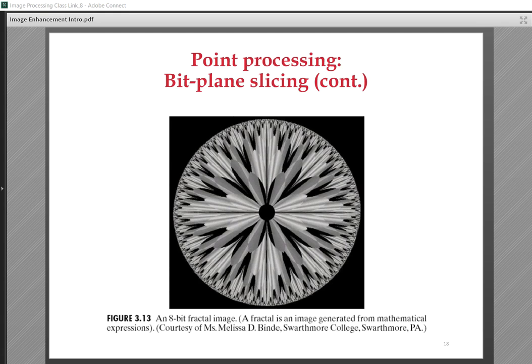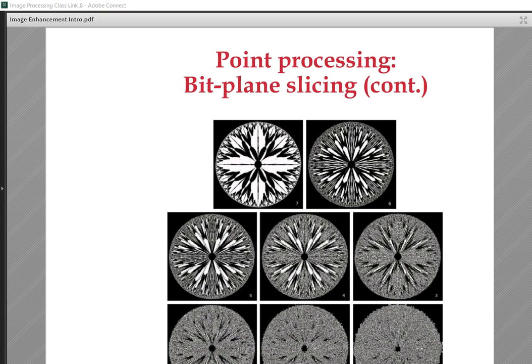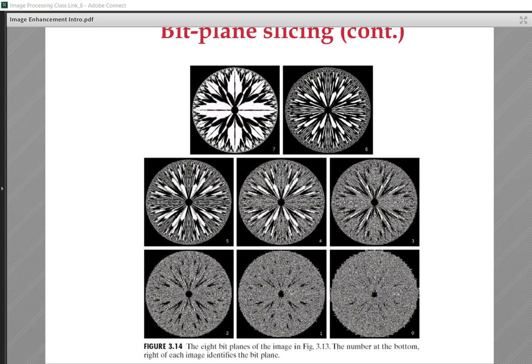This is the slide: plane 0, bit 0, and plane 7, bit 7. Here, for example, this is an input image, for example an 8-bit fractal image.